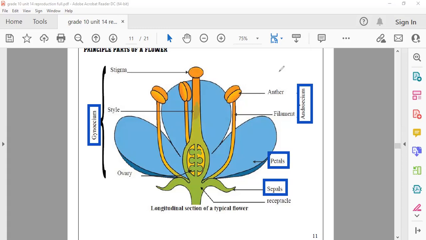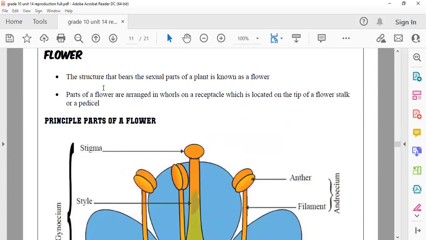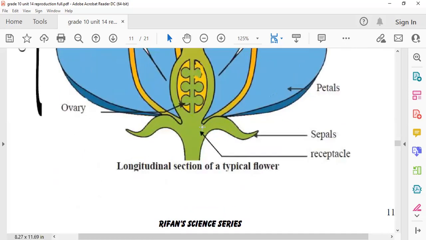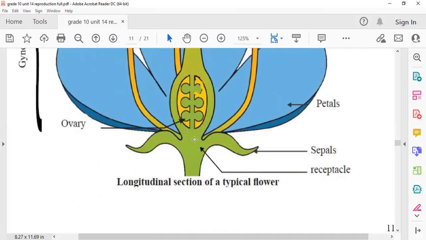My children, my recommendation is to draw a flower. Principal parts of a flower, you kids draw a flower. That is important. The place where all these are fixed, sepals fixed, petals fixed, stamens fixed, gynoecium fixed, is called the receptacle.